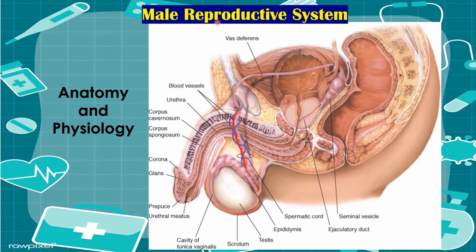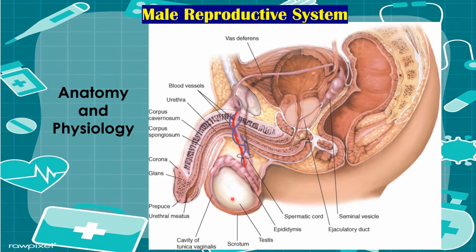The corpus spongiosum extends from the bulb of the penis to the cone-shaped glans with its expanded base or corona.